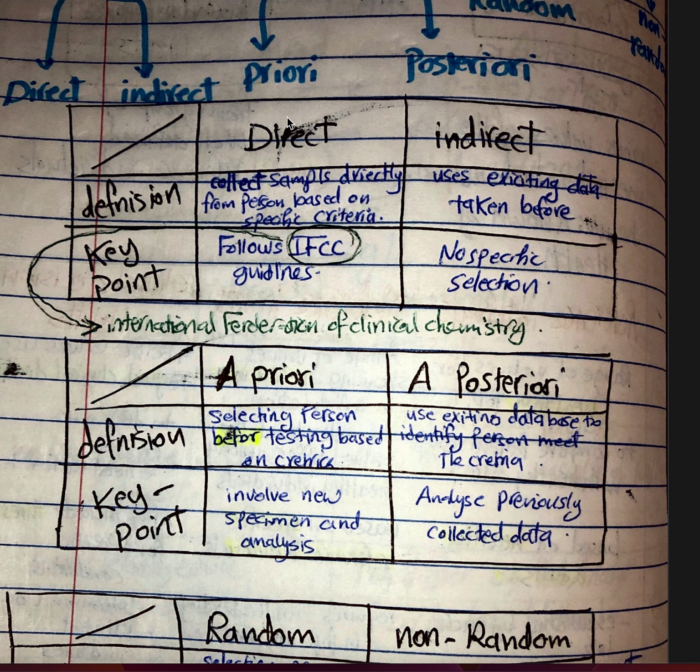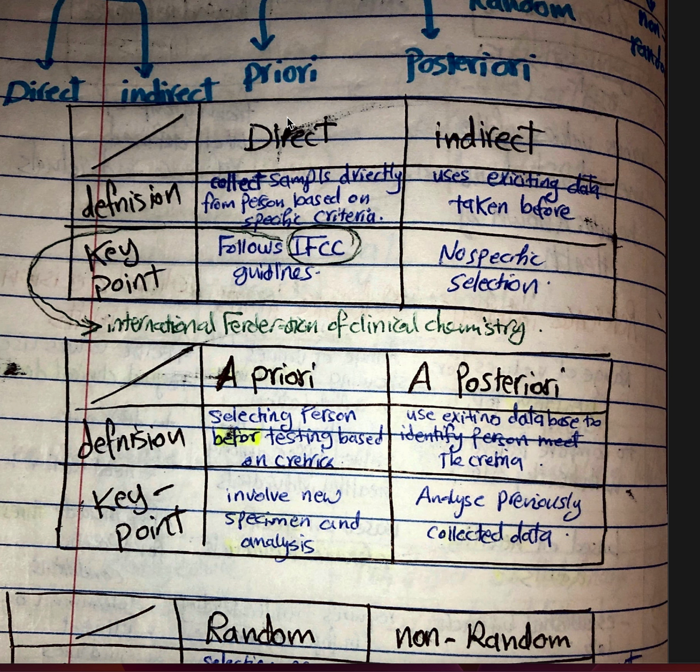This is one strategy. The other strategy is prior versus posterior. What exactly does prior mean? Prior means selecting the person before testing based on a criteria. I have a criteria, then select the person, and then take the sample, because I want a new sample, new analysis.